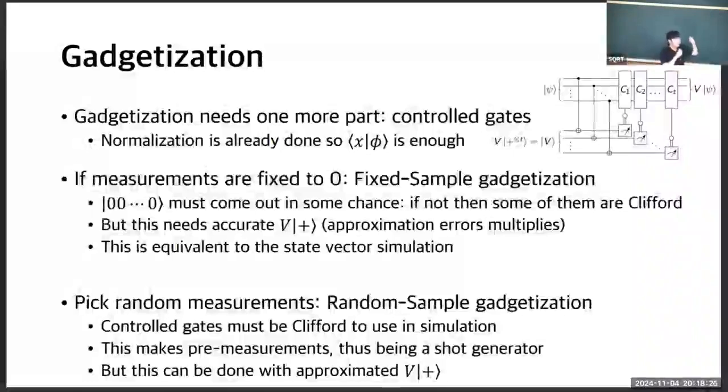But this needs the V plus to be perfectly calculated, because if we don't, then maybe that would not have all 0 values, because if we approximated it, the approximation error would be multiplied every time if I just assume the measurement results are 0. So to fix that, we can use random sampling here. So we just sample according to the gates and the phase status to choose 0 or 1 for the ancilla qubits.